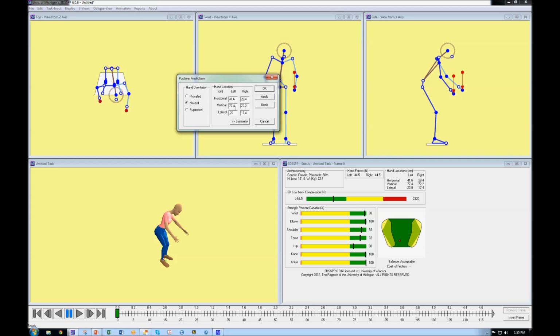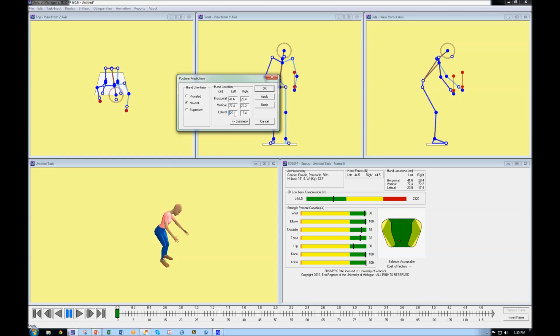For instance, right now in this situation, the left hand over here is 41.6 centimeters away from the front of the body or the ankles. The right hand is 28.4 centimeters. The vertical is 77 for the left hand from the ground up. The right hand is 72, so obviously the left hand is higher than the right hand.